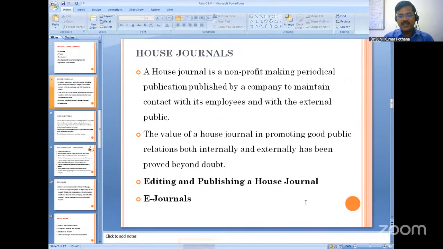The public relations practitioner's duty is to prepare, edit and publish a house journal, writing some articles for it. You have to collect information from various departments: HR, finance, and the production department. The data collected from the various departments has to be molded into a readable form.